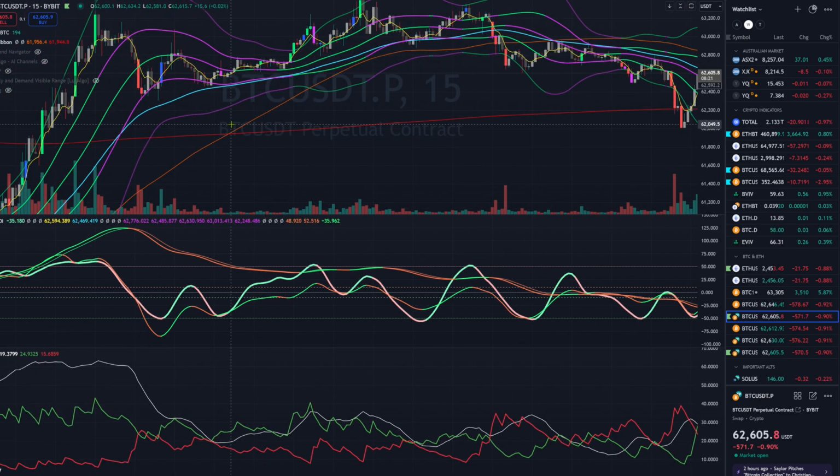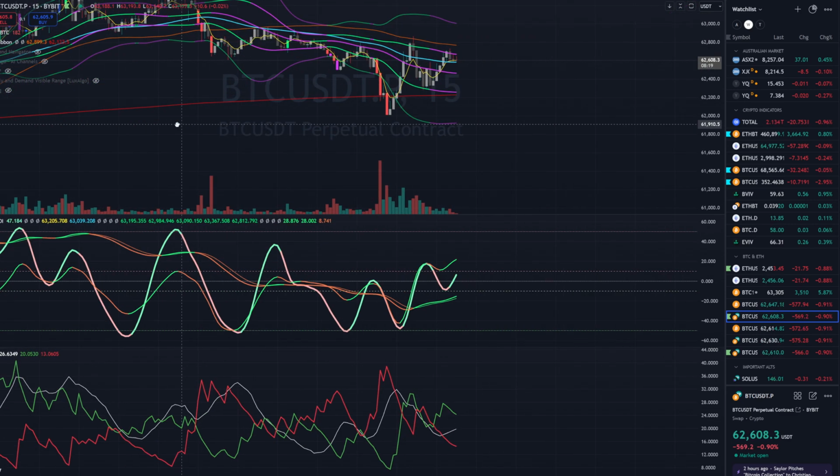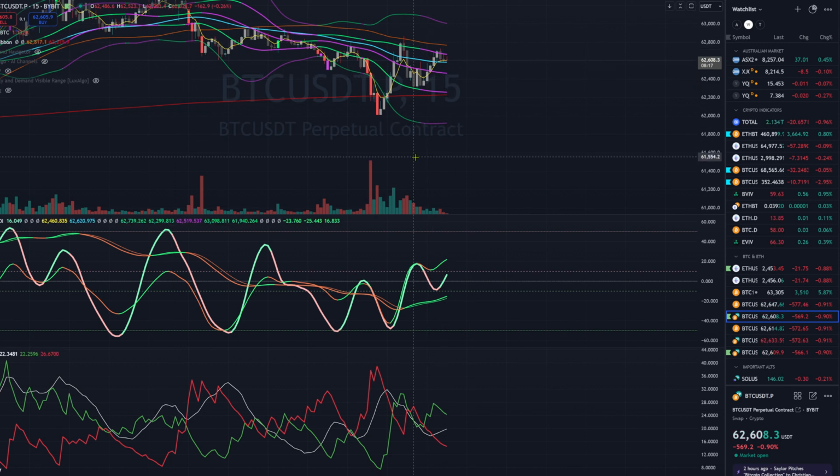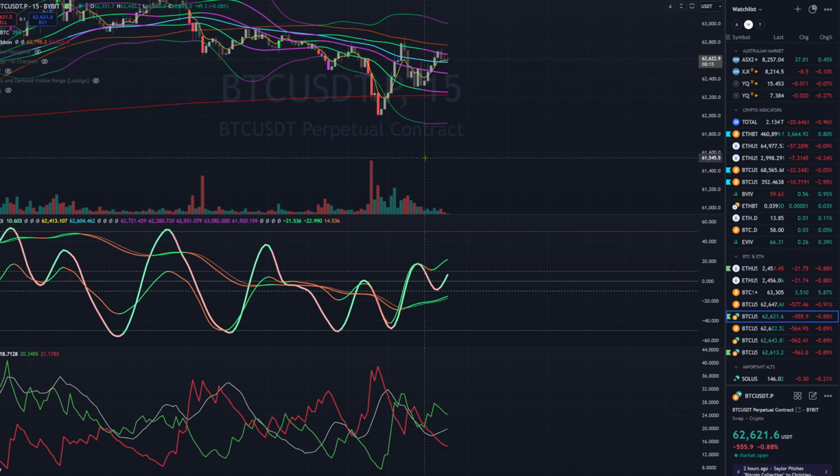It seems to want to hold this range at the moment, but I don't know, there is actually a fair bit of momentum to the upside still here on the 15-minute. Certainly am not expecting this to come down.